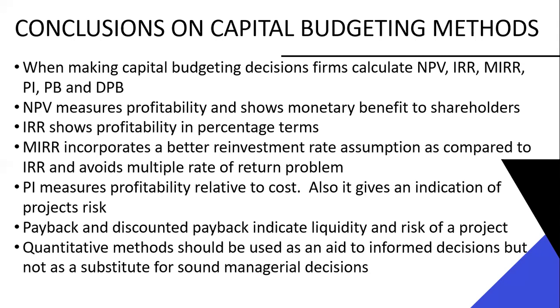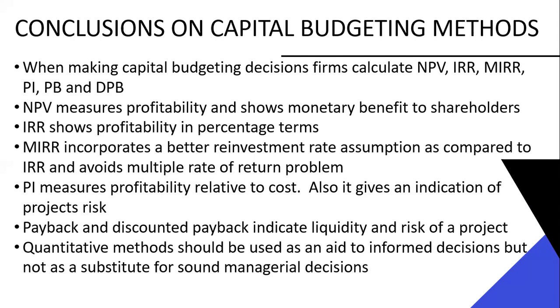And so MIRR also avoids the multiple rate of return problem. Profitability index measures the profitability relative to the cost of a project, and it also gives a good indication of the project risk. Both the payback and the discounted payback indicate liquidity and risk of a project.